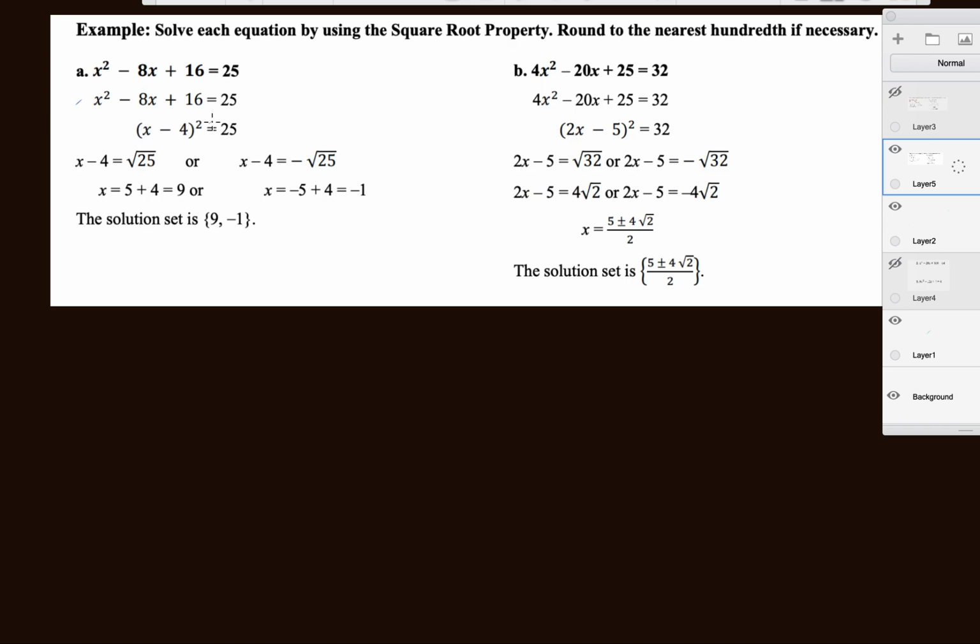We don't have to worry about the 8x in the middle, unless it's some crazy number. What you want to do is divide this by 2, and that should be your number here.